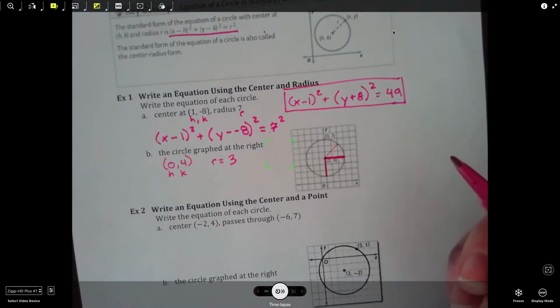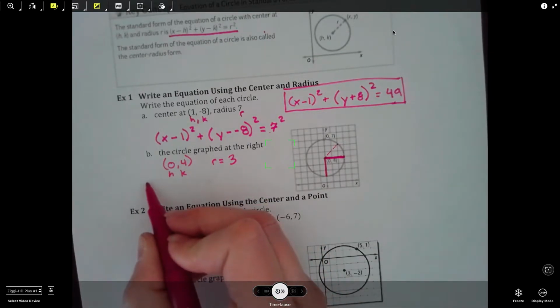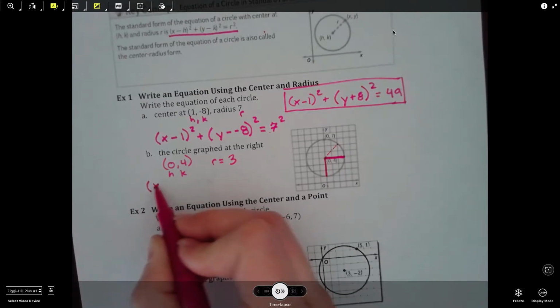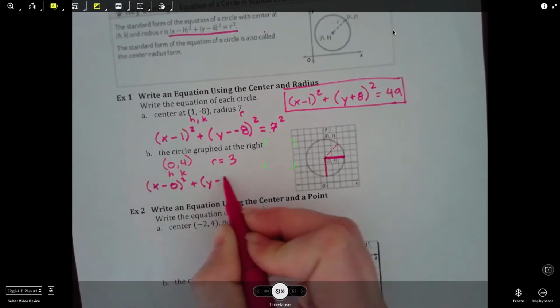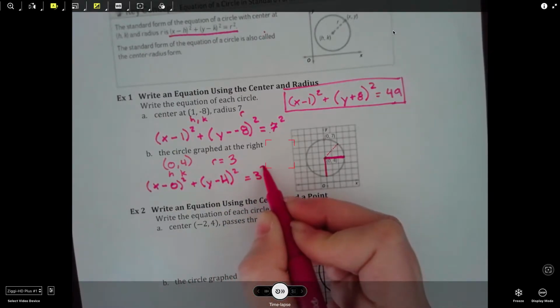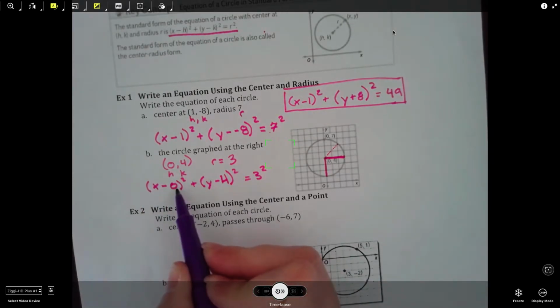So h is 0, k is 4, and the radius is 3. I'm going to plug this into my equation. x minus h is 0, plus y minus k, and k is 4, equals the radius squared. Now I'm going to simplify this a little bit. x minus 0 doesn't really do anything.